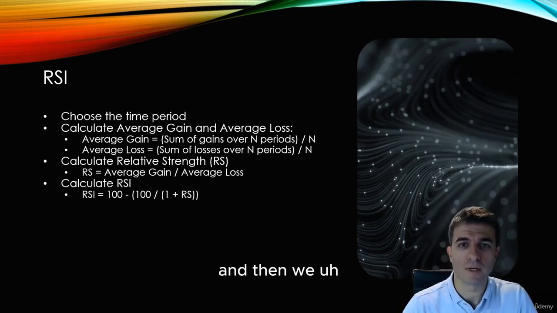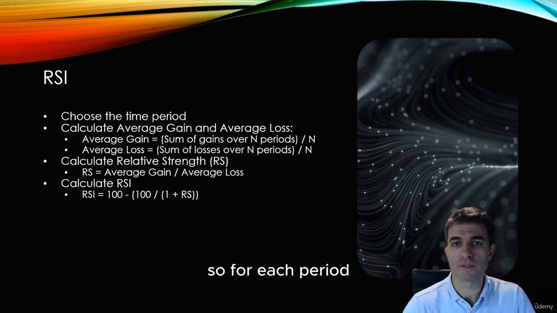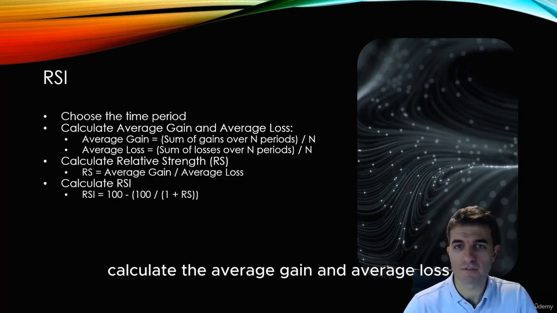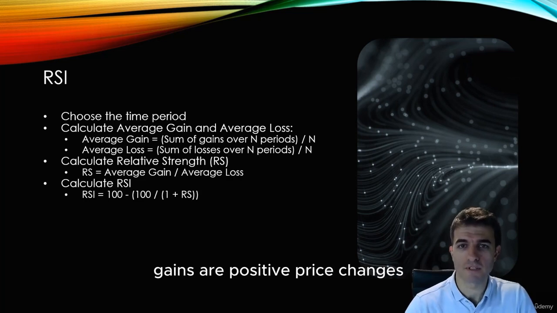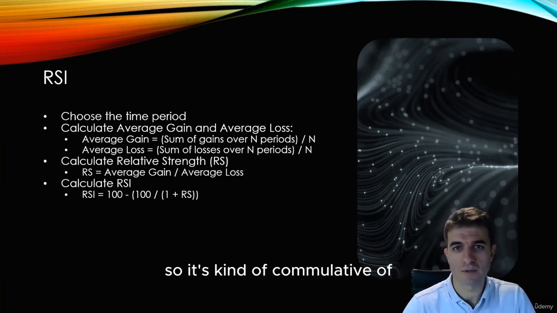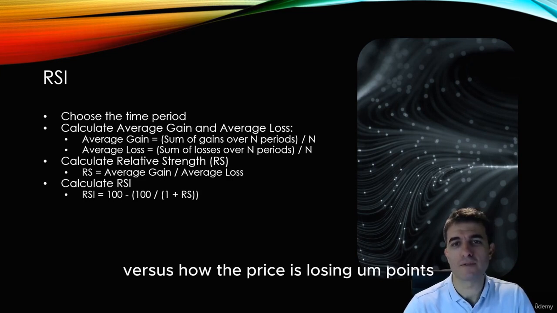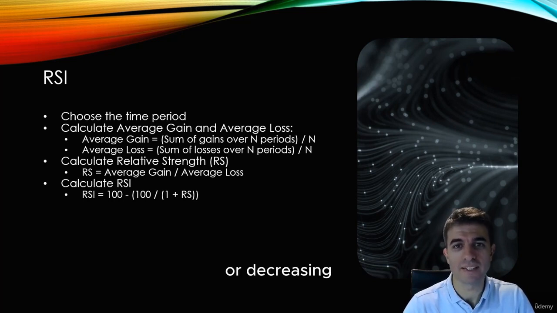And then we need to calculate the average gain and average loss. For each period in the chosen time frame, calculate the average gain and average loss. Gains are positive price changes and losses are negative price changes. So it's kind of cumulative of how the price is gaining versus how the price is losing points, or decreasing.